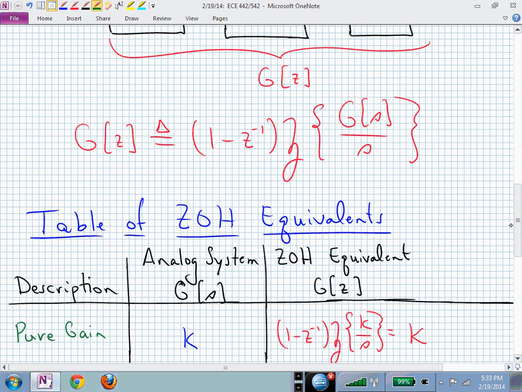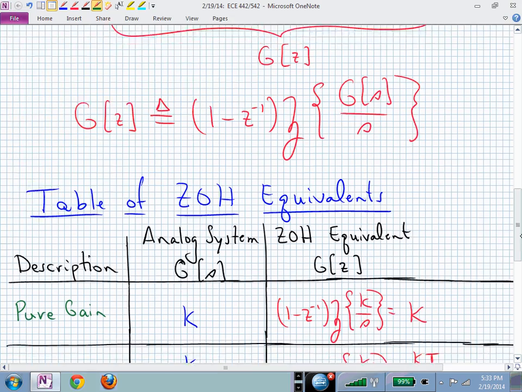As a review, we looked at 2 of those last time. If our analog system was a pure gain, we went through the analysis and found that if we divide that G of S by S, or introduce one more pole at the origin, we need to find the Z transform of K over S. Doing that, canceling terms, we get our gain back, meaning the zero order hold equivalent of a pure gain is just a pure gain.